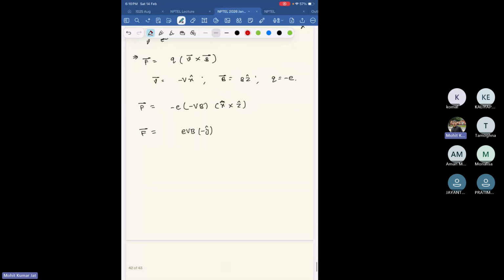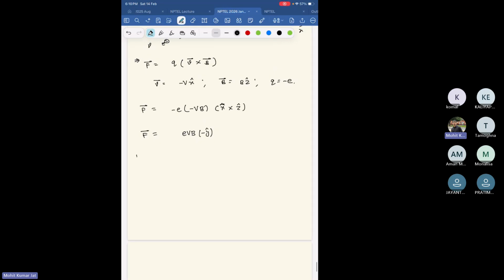And the important point to note is that even if the charge of the particle changes, let's say now a hole is there instead of an electron, with charge plus e instead of minus e. Now the charge is plus e. Then your v will be actually Vx cap, because now they will move in the direction of the electric field, not opposite.